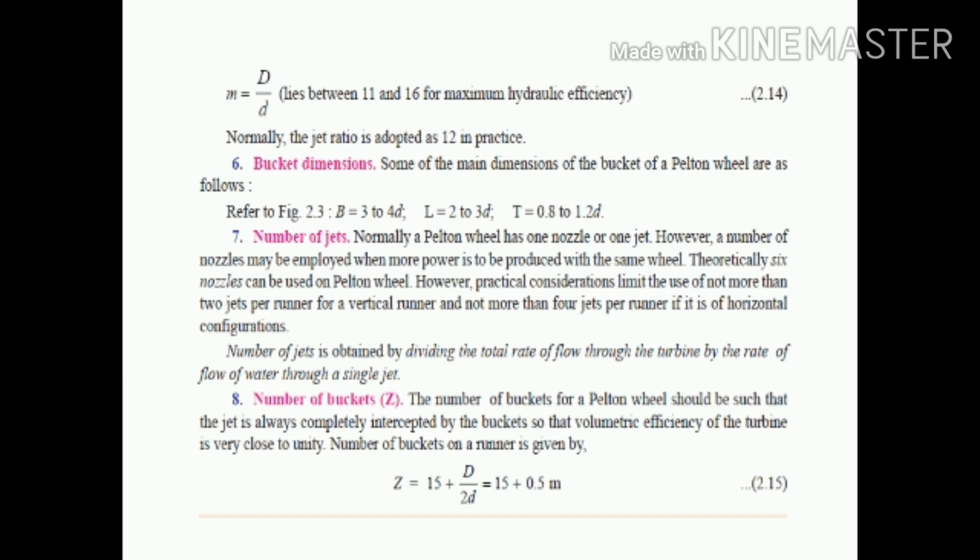Now the D upon d ratio is m, so we can write the formula as 15 plus 0.5 m. And one thing I forgot: the number of jets is obtained by dividing the total discharge of the turbine by the rate of flow of water through a single jet. That means the total discharge of the turbine divided by the discharge of the jet. So by that formula we can calculate the number of jets.